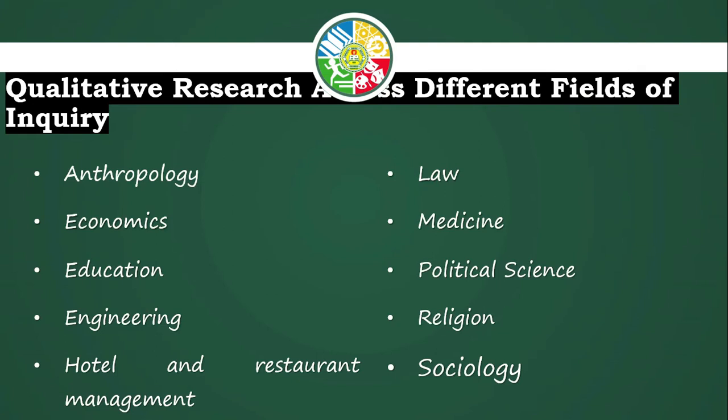And aside from that, there are lots of other professions wherein research is very vital that are not mentioned here. What I'm trying to emphasize, or my point here, is that research is very useful in different fields.